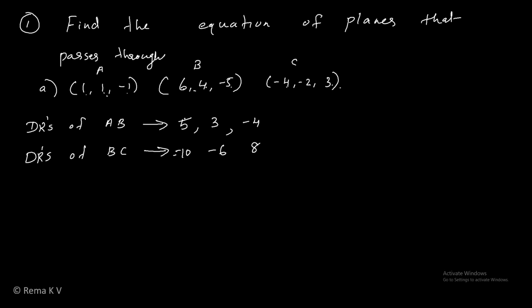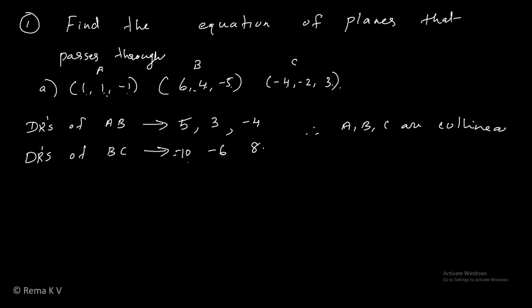See, now all these direction ratios are proportional: 5 by minus 10 is equal to 3 by minus 6 equals minus 4 by 8. They are proportional. Therefore, A, B and C are collinear.